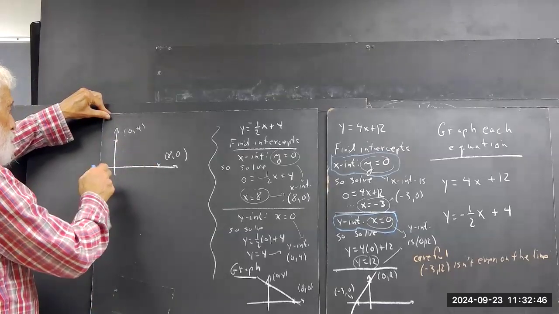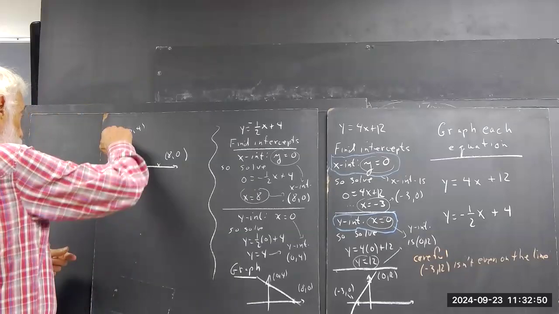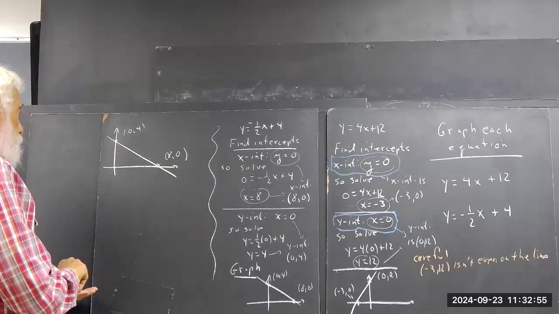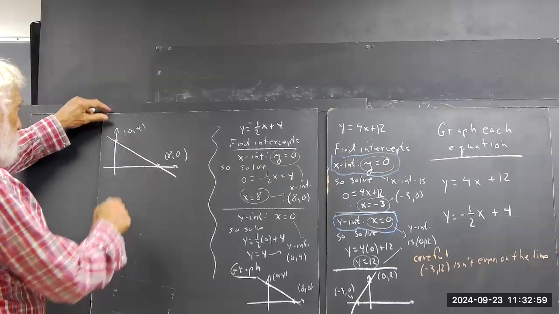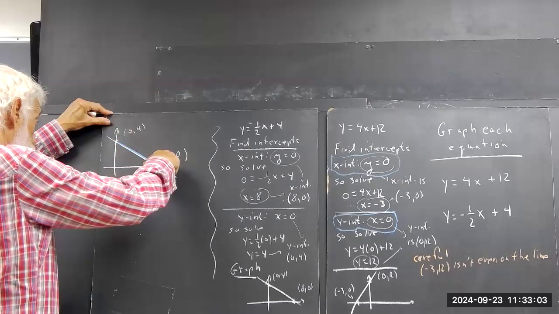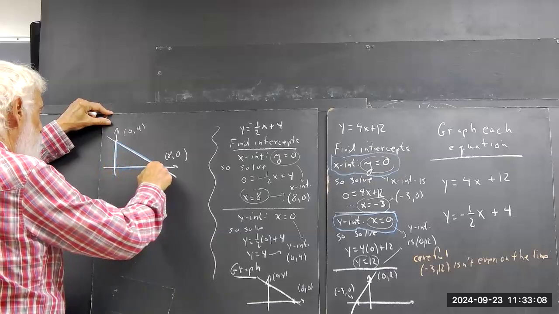Okay, so we have this. Now, we have the line. Now I'm going to draw a triangle. This point to this point. Here's the hypotenuse, that's the long side of the right triangle. Here are the two legs.